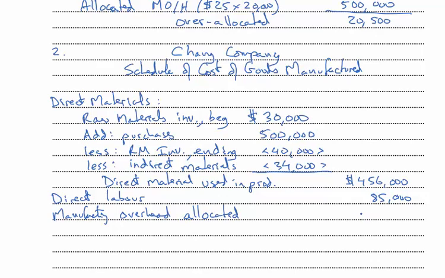And that would be this number right up here, right? $25 per machine hour times the 20,000 machine hours, 500,000 bucks. That is going to go down here. $500,000.